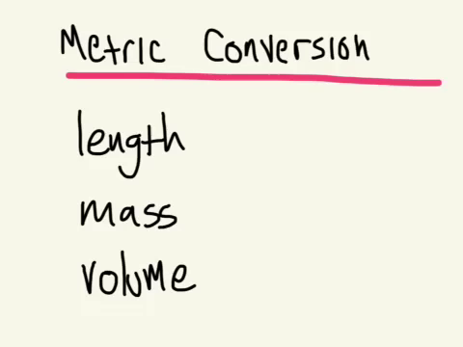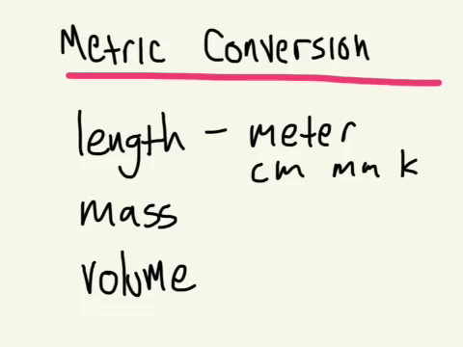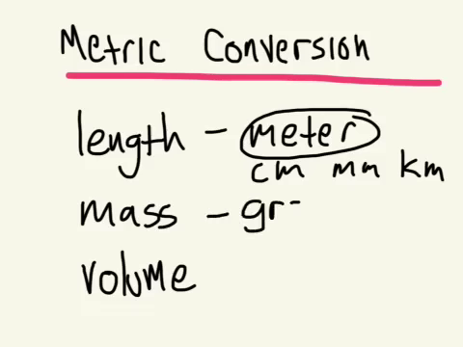volume measurements. In general, if you want to take the length of something, you use the unit meter. Now, this can come in centimeters, or millimeters, or kilometers, but the basic one is meter. When we're talking about mass, we basically use grams.